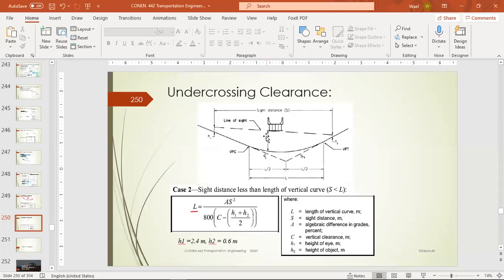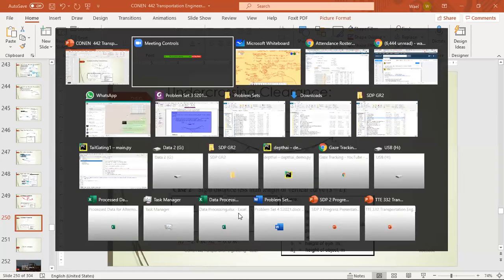That's the line of sight with the given length and everything. That this is acceptable. So we're going to take this equation with us, and we're going to go here.